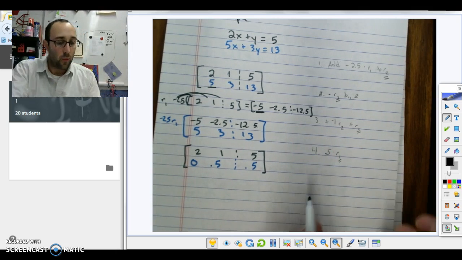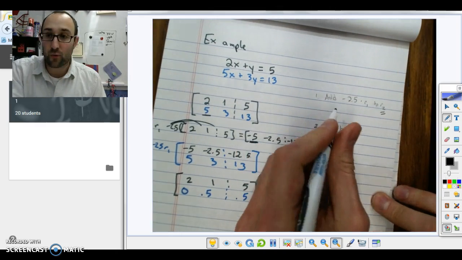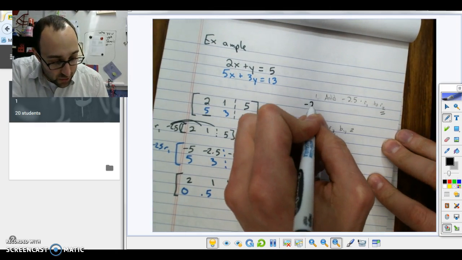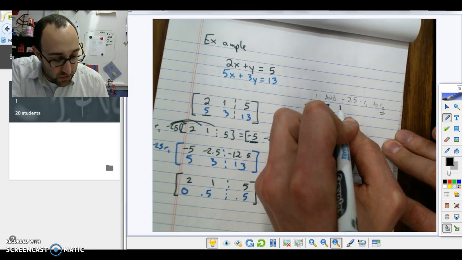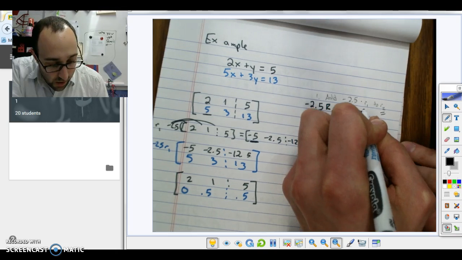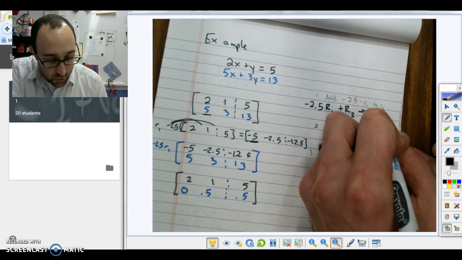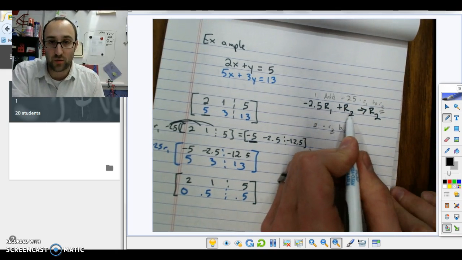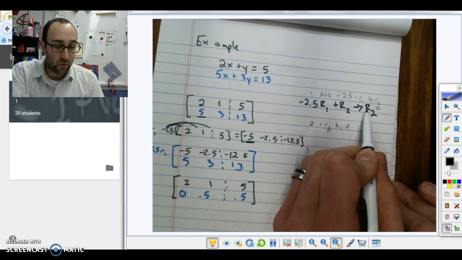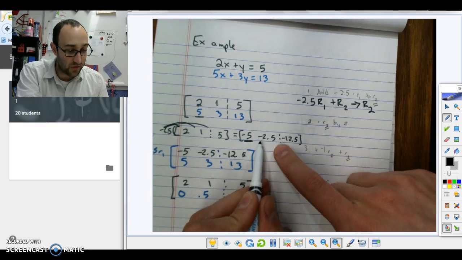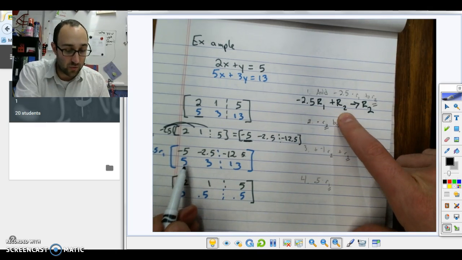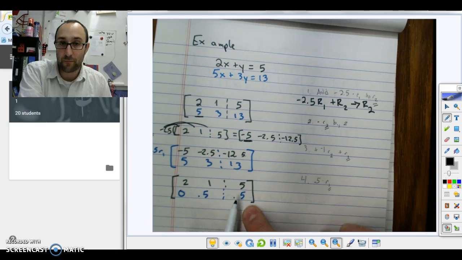How I write this is negative 2.5 R1 plus R2, and that goes in the R2 spot. R1 is row 1, R2 is row 2. So I'm replacing R2 with that: negative 2.5 times R1 added to R2, put in the R2 spot.